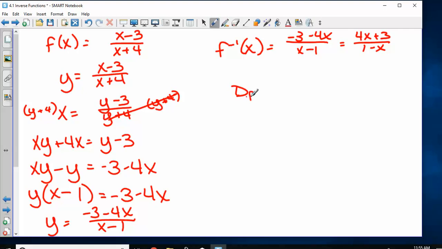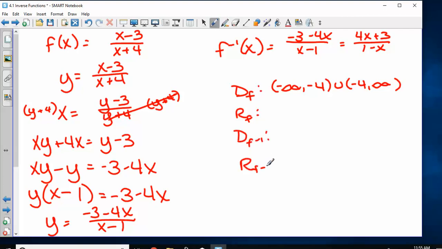Domain of the original function. Looking back at the original, my denominator was x plus 4, so what can't I have? Negative 4. So it would be negative infinity to negative 4, union negative 4 to infinity. And I know automatically that is the same as the range of the inverse.